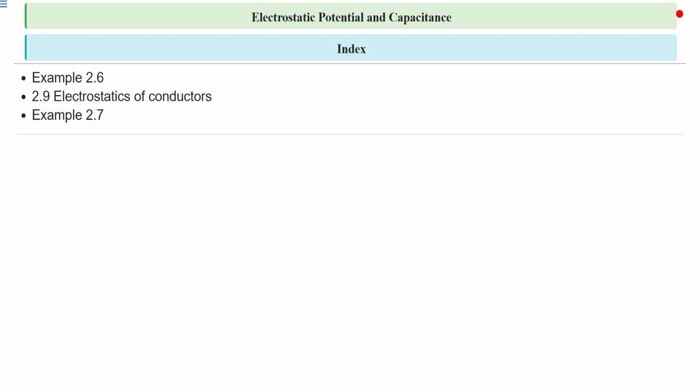So today we are going to cover example 2.6 and NCERT section 2.9, that is electrostatics of conductors, and then example 2.7.